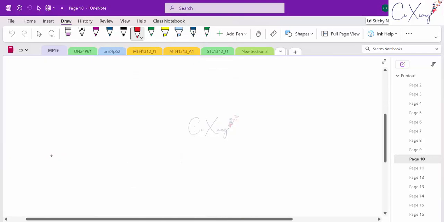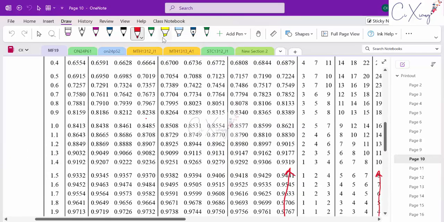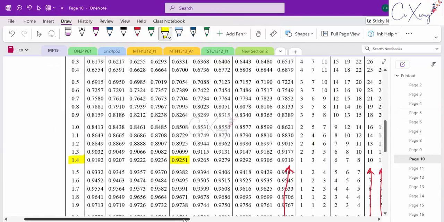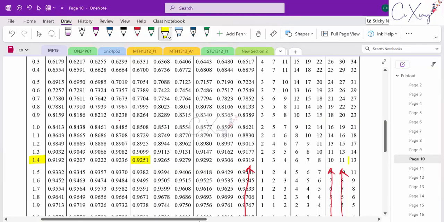So look at 1.449 now. 1.44, then 9. Sorry, 9. I have to make it smaller. So the 9 means 13, which means you have to take 9251 plus 13. So by right, you have 9264.